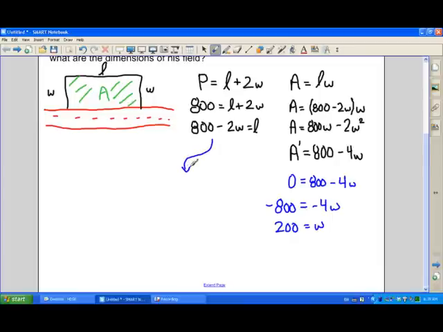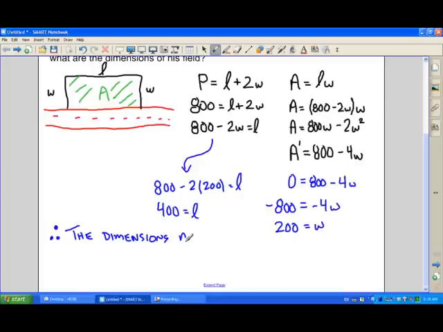If my width is 200, then my length has to be 400. And now, without completing the square or graphing or anything, just by using calculus and the derivative, I've found the dimensions that give me the maximum area. The dimensions are 400 by 200.